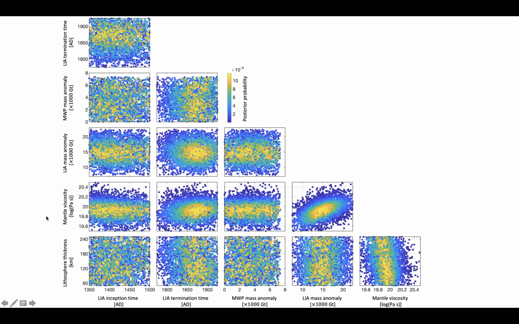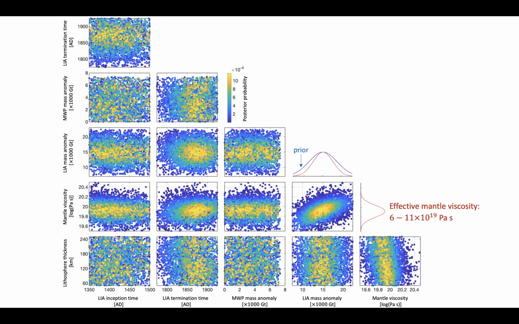But the most outstanding feature that we have here is the strong correlation between the mantle viscosity and the Little Ice Age mass anomaly, which is shown here. Which is not surprising, the models featuring a larger LIA mass anomaly also favor higher values of mantle viscosity.